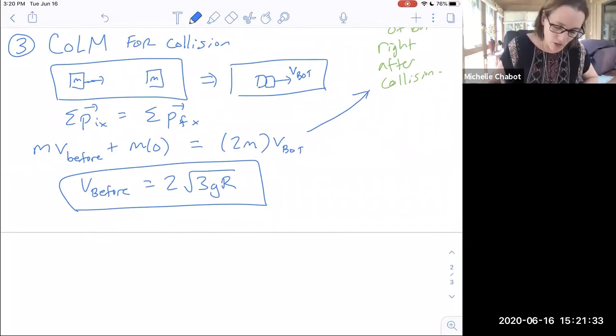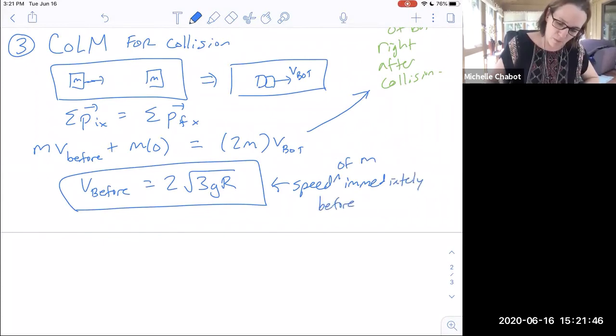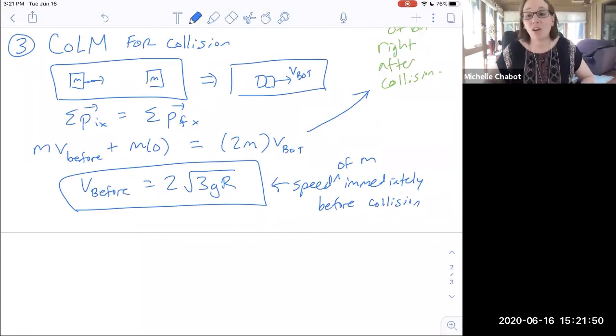Yes, it does. Okay. So v before is 2 times the square root of 3gr, and this is the speed immediately of just m before the collision.